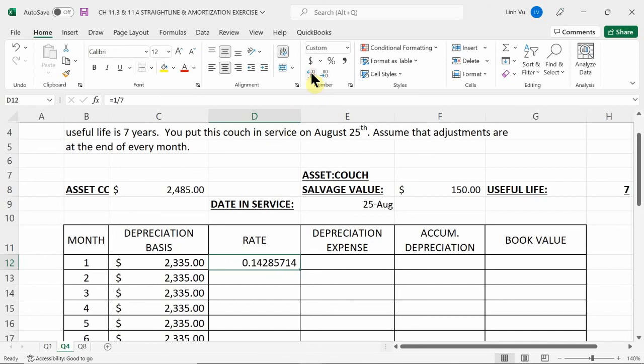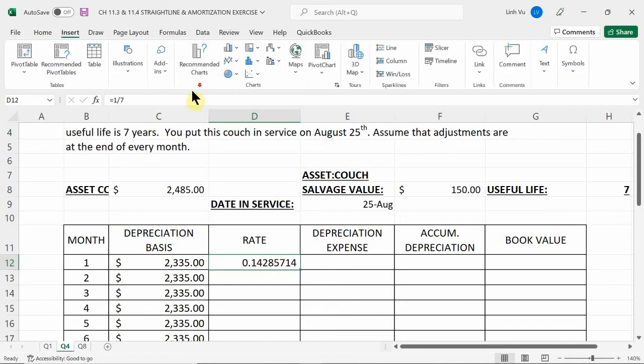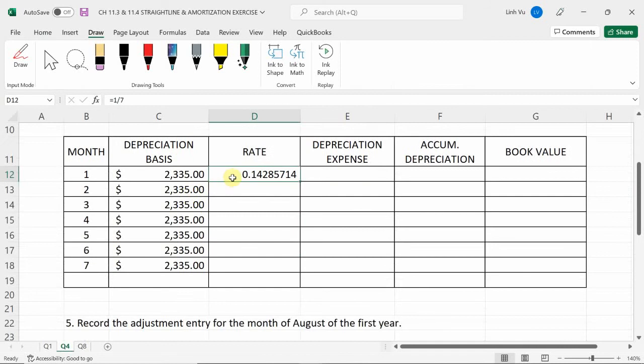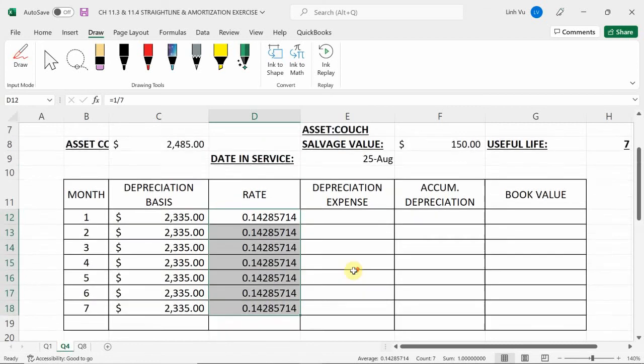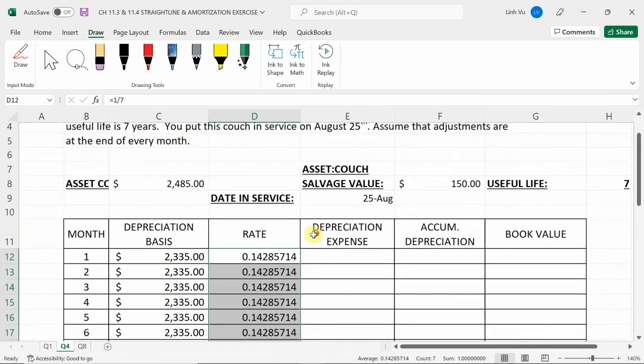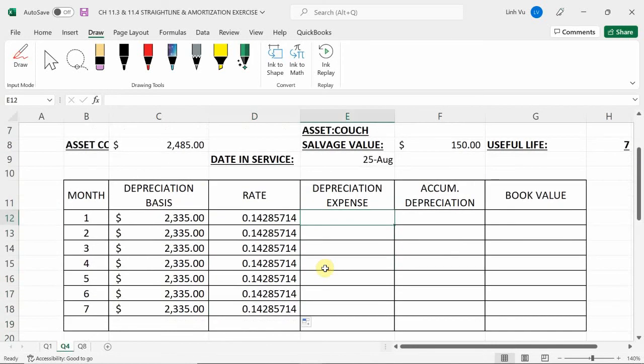Yeah, so in this case, it's going to be a rough decimal because 7 is not an easy number to divide by, okay? What's going to happen to my rate for the next year? It's going to be the same for everything. Good. So now let's go ahead and solve for my depreciation expense.